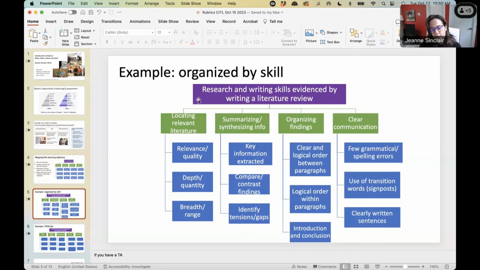And then I have four key skills that comprise the overarching objective. Those are locating relevant literature, so database searches, that kind of thing, summarizing and synthesizing the information, organizing the findings, and then presenting clear communication.